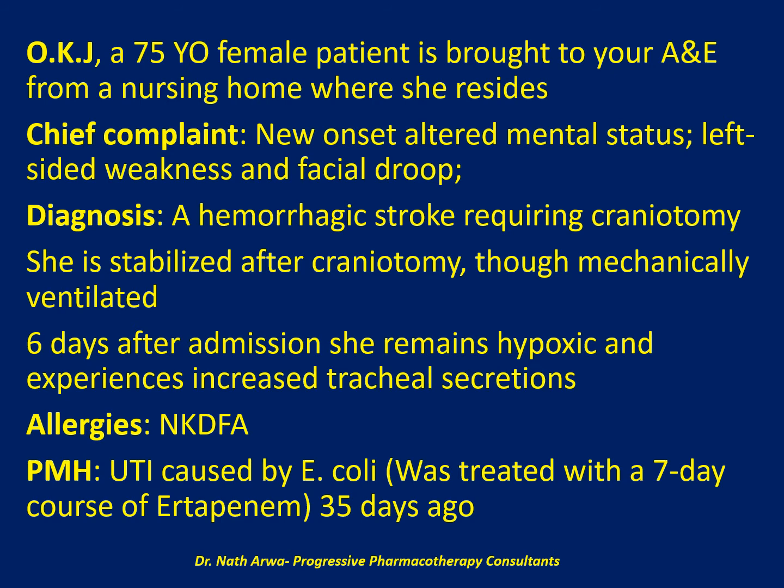Six days after admission to your hospital, she remains hypoxic and experiences increased tracheal secretions. She has no known drug or food allergies, and she has a past medical history of urinary tract infection caused by Escherichia coli, which was treated with a 7-day course of ertapenem, 1 gram, infused over 30 minutes, and that was done 35 days ago.